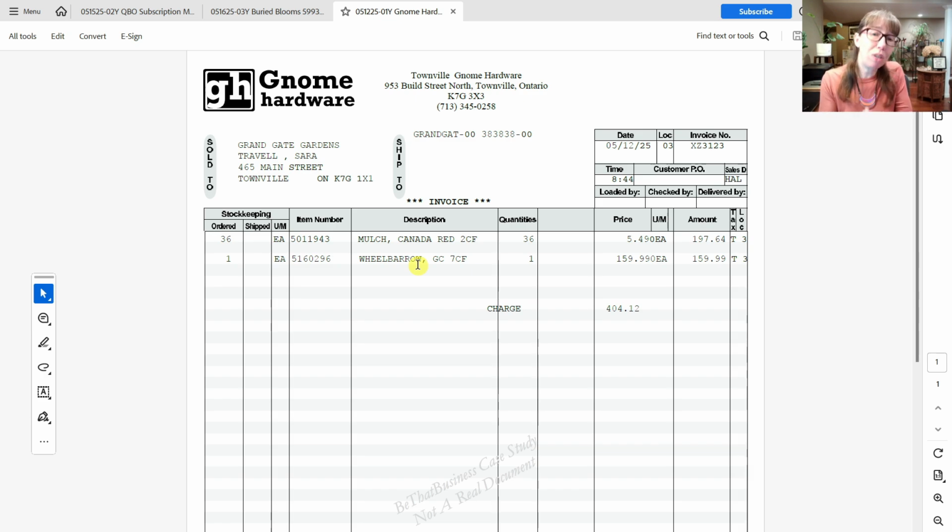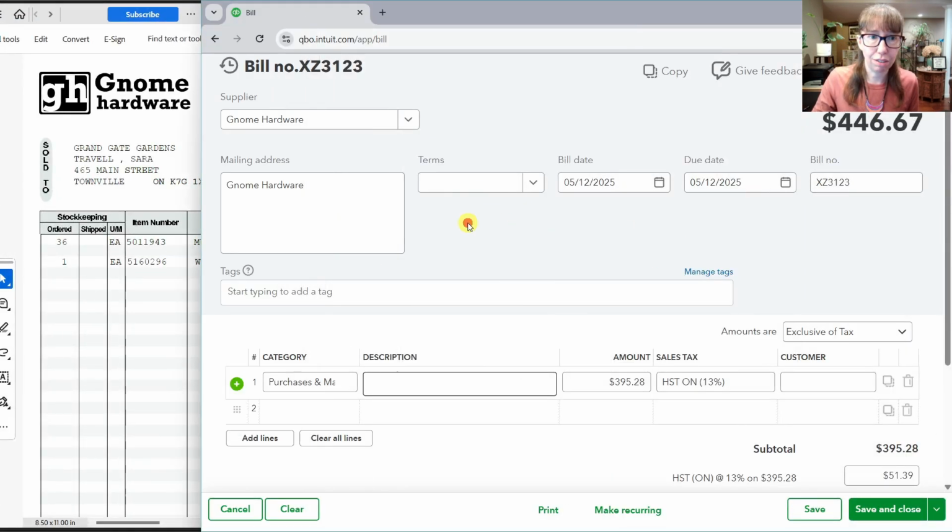But because it's a wheelbarrow and it's a tool that's going to be like in the shed, I've created a GL account that I use all the time called Small Tools and Equipment Expense. And whenever I use that, I put in the description, wheelbarrow or what have you, so that if Sarah does go to sell the contents of the shed, she's got a lovely list of what's in there. And I find that could be helpful in the future.